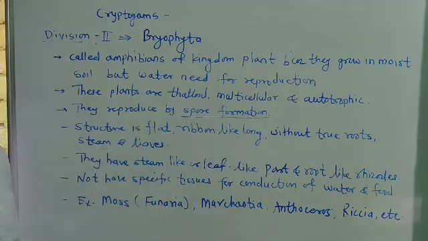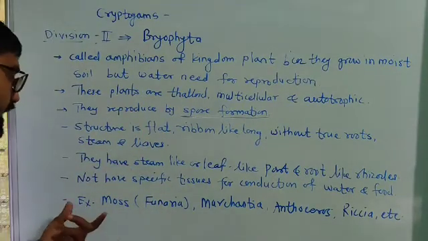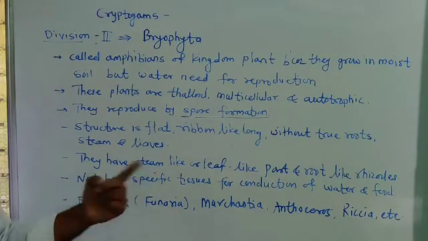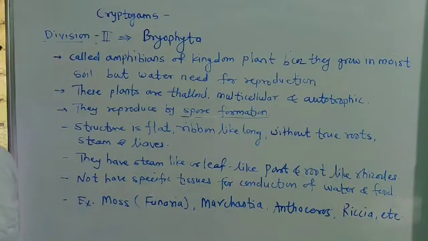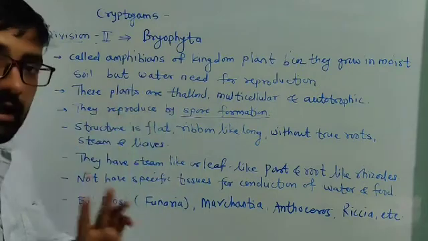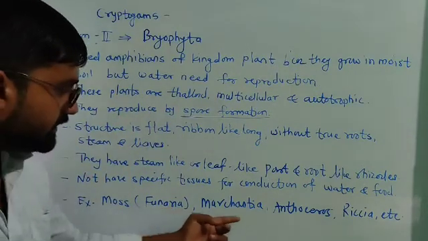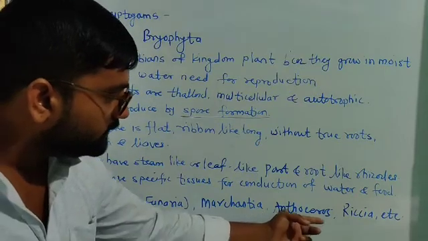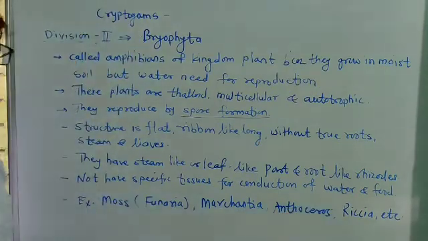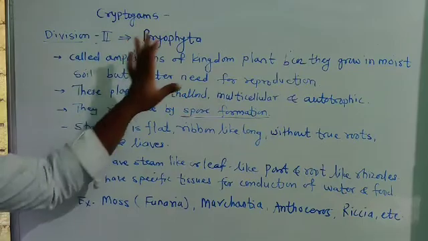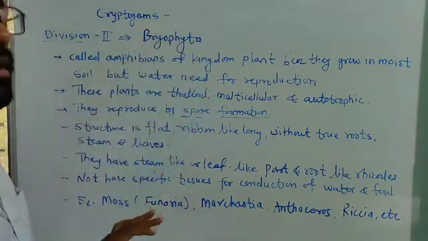They also do not have specific tissues for conduction of water and food. Their examples are moss, Marchantia, Anthoceros and Riccia, the examples of this division Bryophyta.